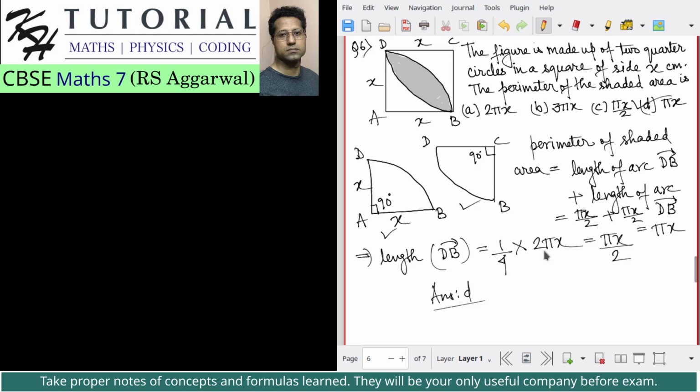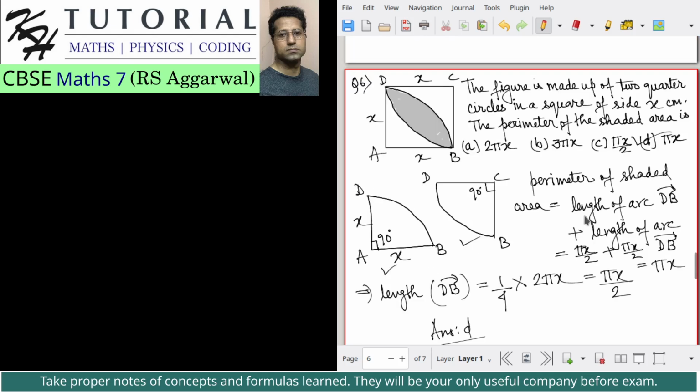So sometimes you have to observe the figure carefully and understand the underlying figures. So clearly the shaded region is produced by the two identical arcs, which are the arcs of a quadrant or a quarter of a circle, that is a sector having a central angle of 90 degree.